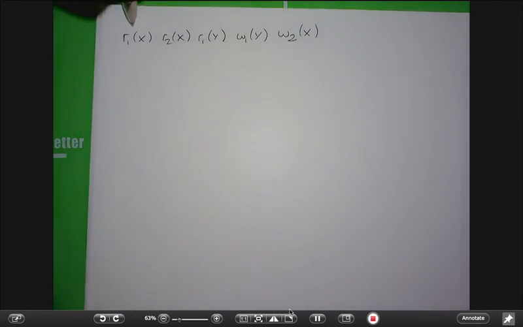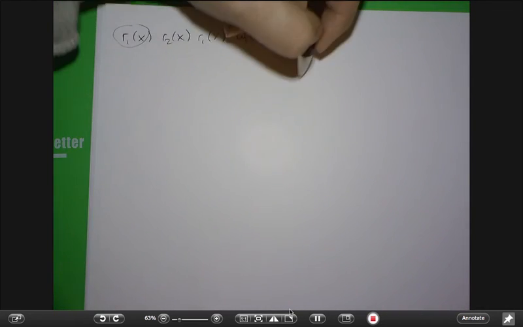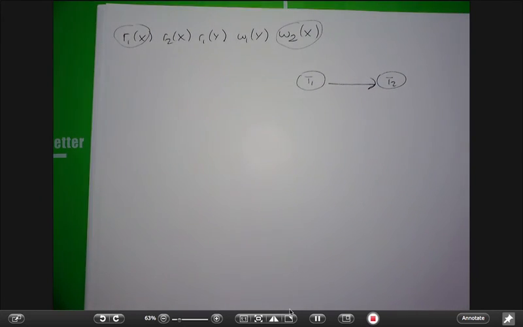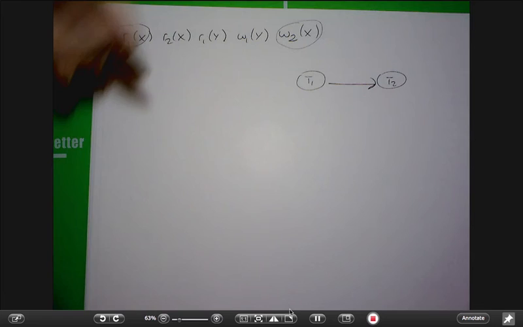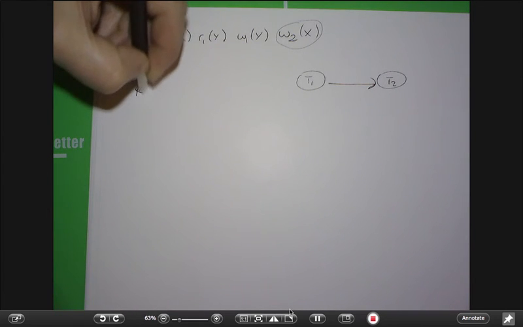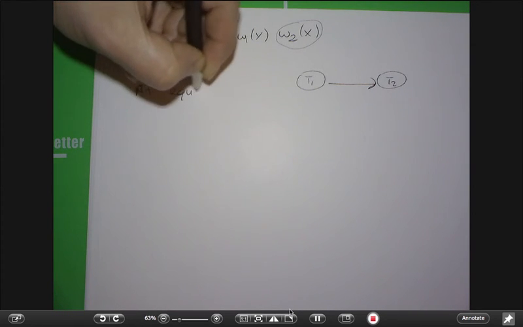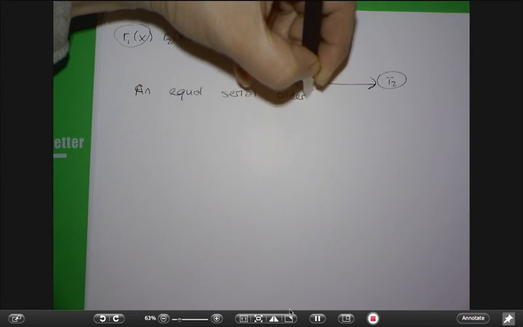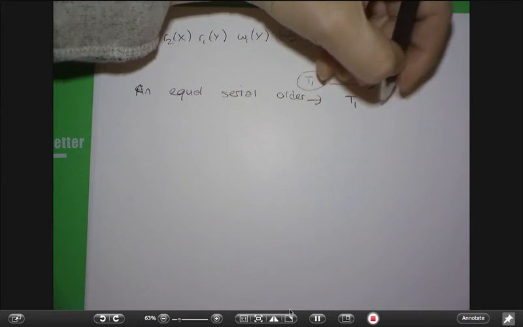I have R1 of x comes before this one. So all this one says is that T1 must come before T2. And as it is not a cycle, this is serializable. So an equivalent serial order is T1, T2.